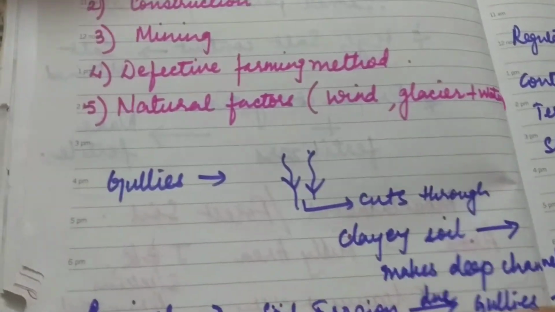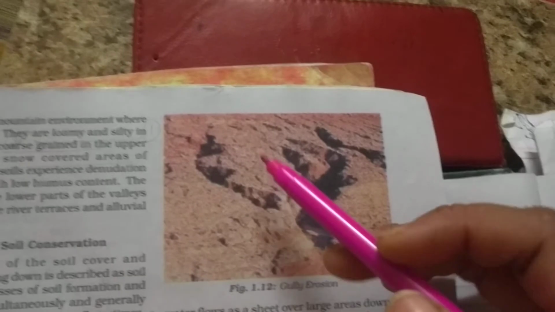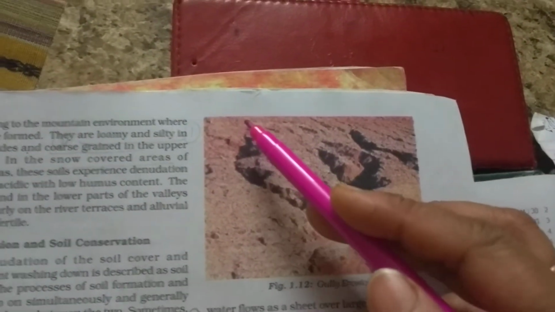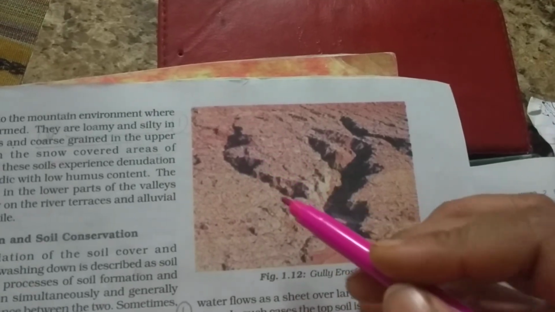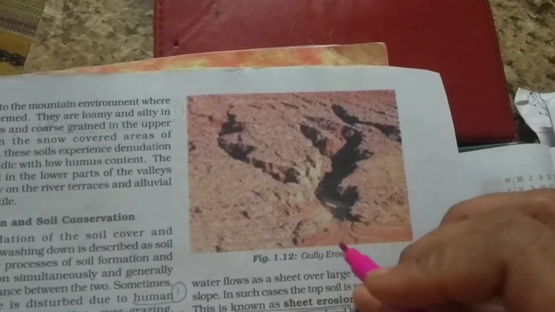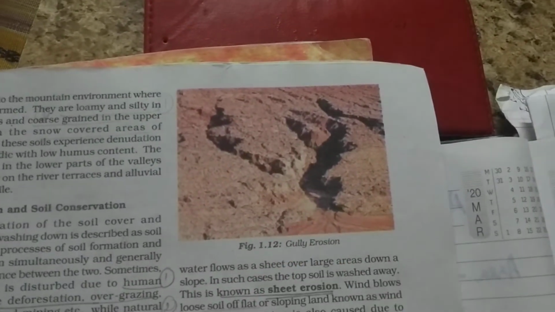Have a look at this picture. When the water flows on a clay soil, the water will cut through the soil and make deep incisions in the soil. So these deep incisions are called gullies.